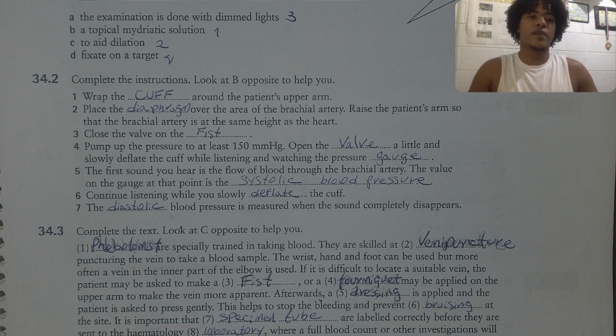Number 5. The first sound you hear is the flow of blood through the brachial artery. The reading on the gauge at that point is the systolic blood pressure.